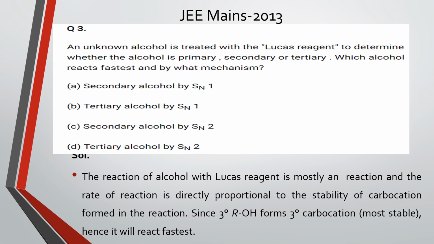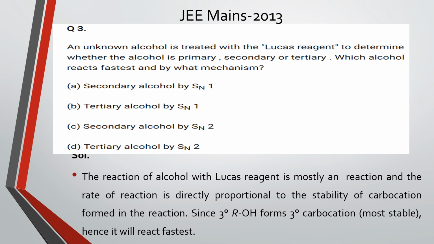Now JEE Mains 2013. An unknown alcohol is treated with the Lucas reagent to determine whether the alcohol is primary, secondary or tertiary. Which alcohol reacts faster and why, and by what mechanism? Now what is meant by Lucas reagent? Lucas reagent is a solution of anhydrous zinc chloride in concentrated hydrochloric acid.